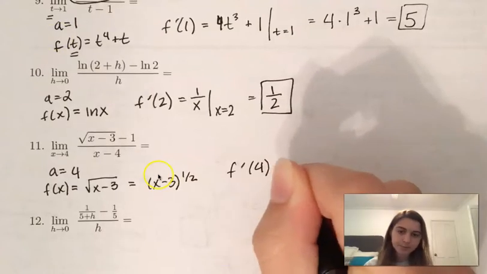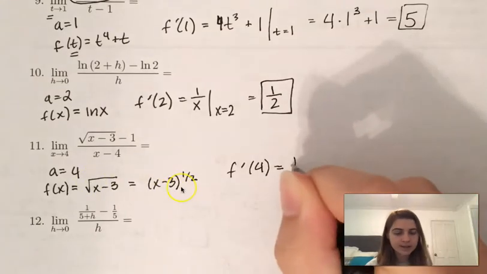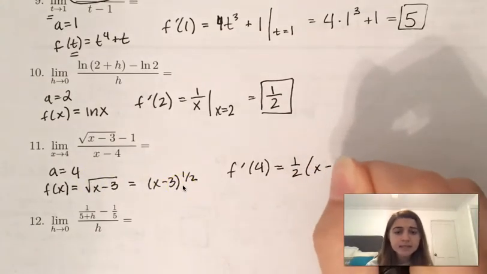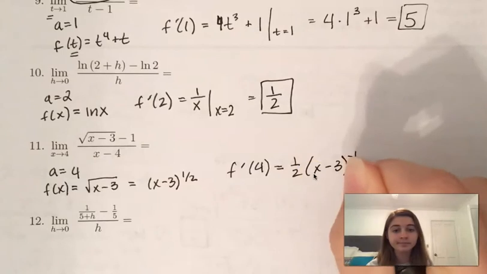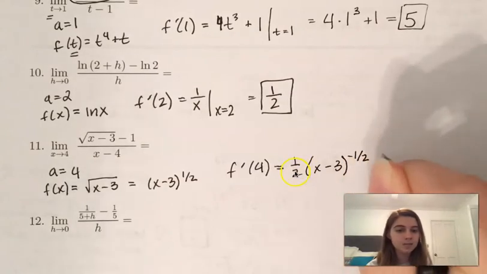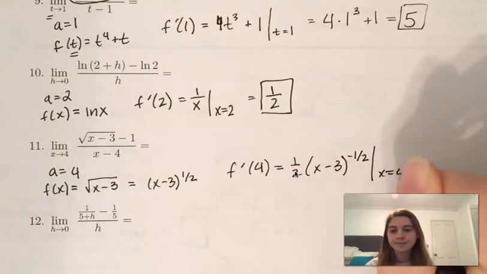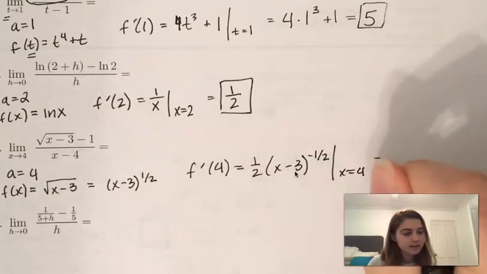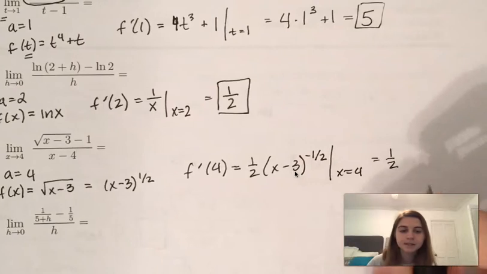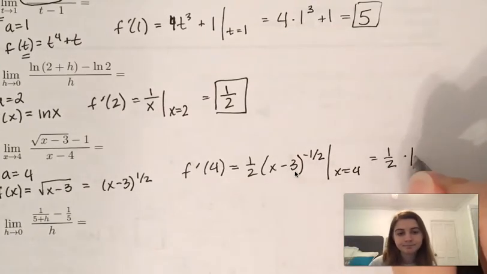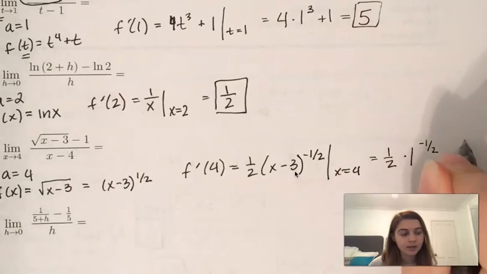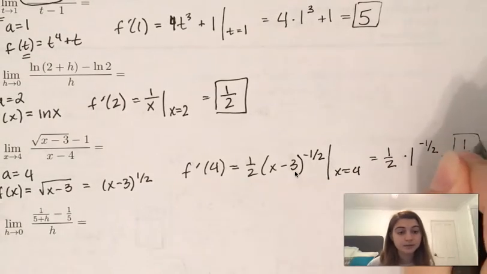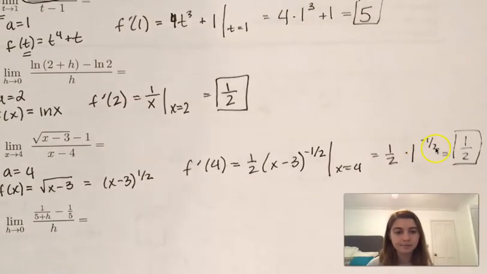But yes, okay. So we're going to rearrange this into x minus 3 to the 1/2. Take the derivative, plug it in. You know the drill at this point. And you get a nice 1/2 again. Oh, 1/2 to the, so it ends up still being 1/2.